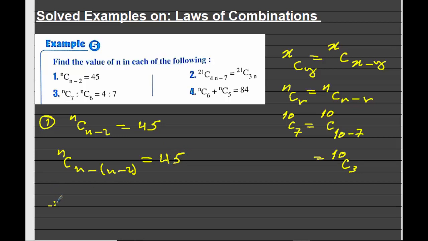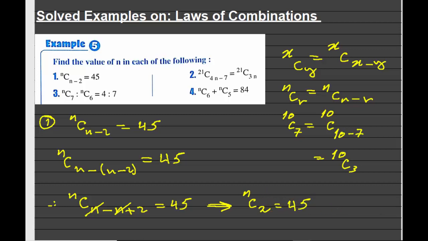So nC(n-(n-2)) equals 45. So n minus n equals 0, nC2 equals 45.